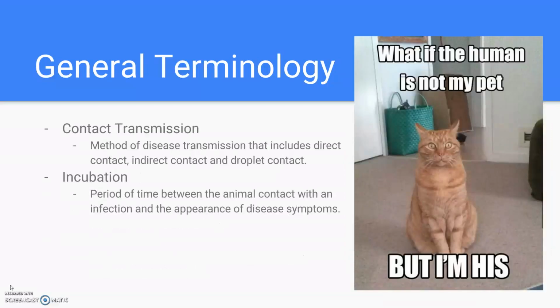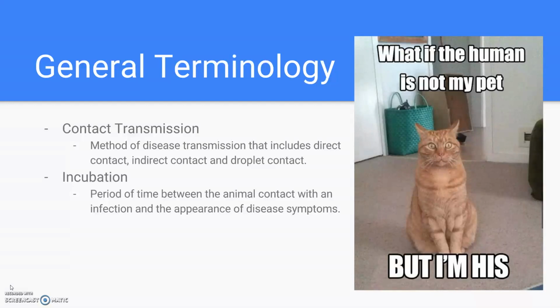Contact transmission, this is actually a method of disease transmission that includes direct contact, so actually touching a sick animal to a sick animal. Indirect contact, which would be, a person touches a sick animal, does not wash their hands, and then touches a healthy animal, that could actually transmit disease.